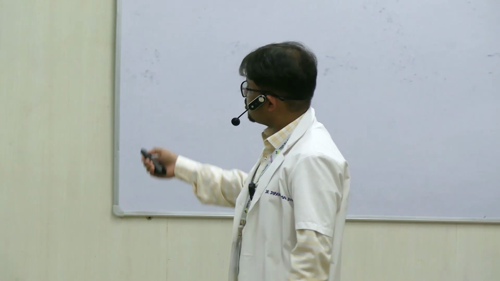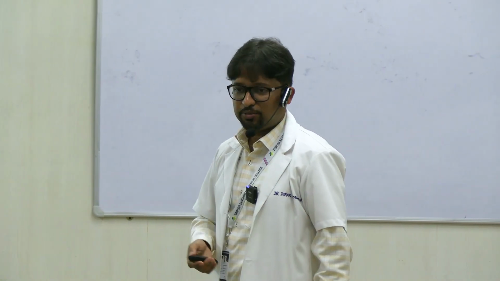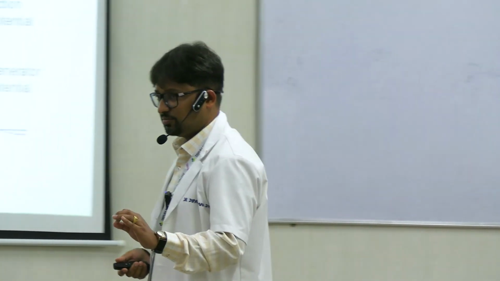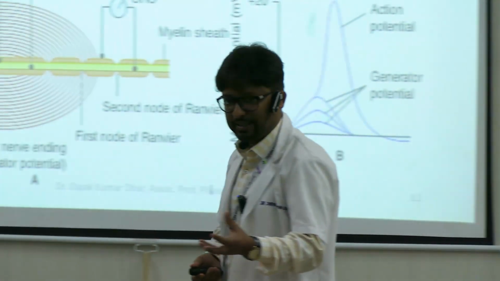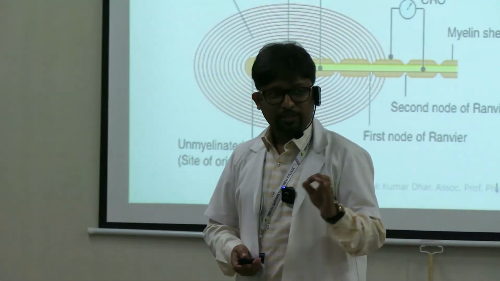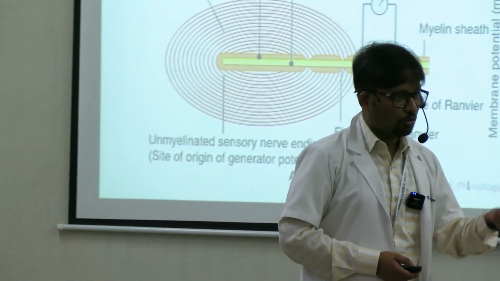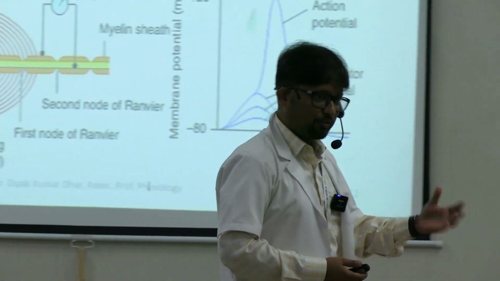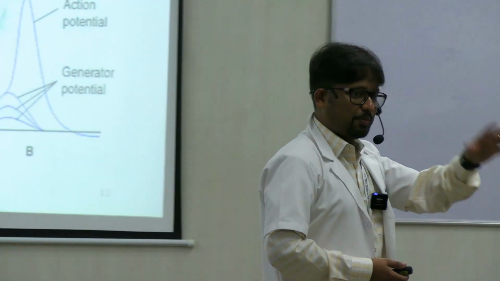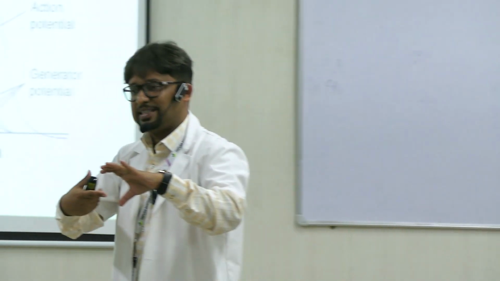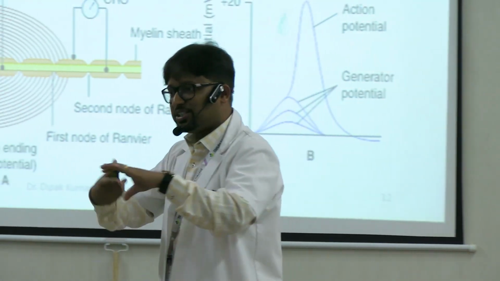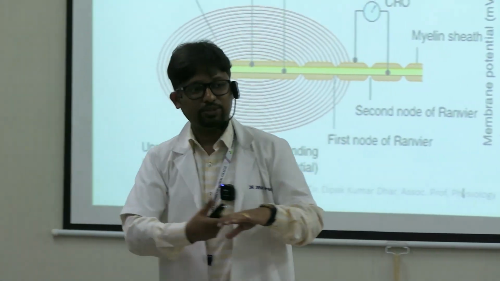Okay, why did I use these two terms, generator and receptor potential? They are the same thing, a local potential itself, which is happening at the receptor. Now if the receptor is a nerve ending itself, we call this generator potential. If the receptor is a special type of epithelial cell synaptically linked with a sensory neuron, that initial change we call receptor potential.